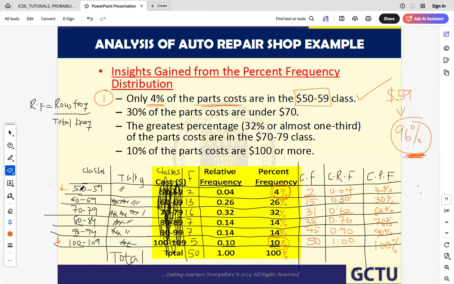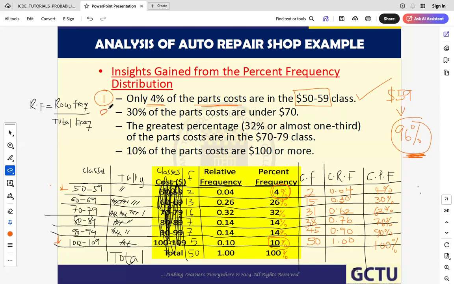But when I come to the lowest, 50 to 59, it is only 4% of the invoices that I'm having as money coming from $50 to $59. So the decision to take is that I will not focus on spare parts that are bringing small money. If at the end of the day, it's only 4% of the invoices that are going to show such money, I'd rather focus on the ones that are higher than this.